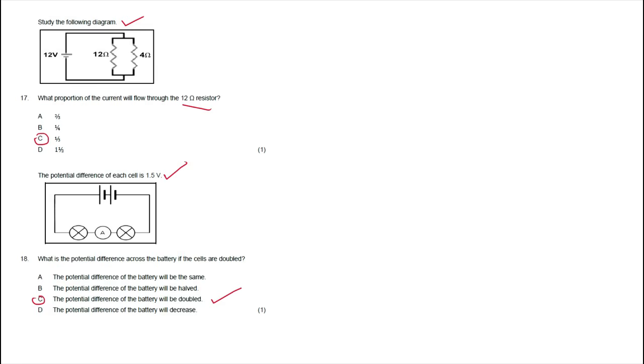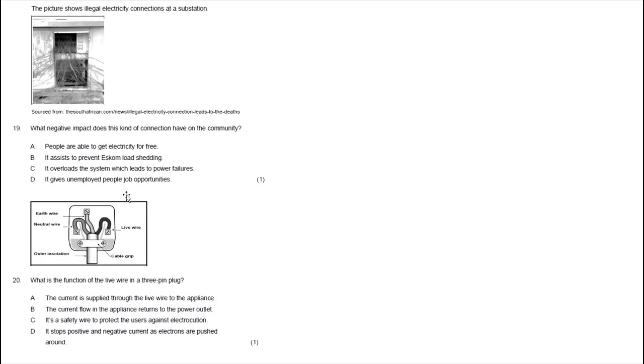Okay, and then next we will move to question 19. So we can see here that the picture shows illegal electricity connections at a substation, right? So now our question is, what negative impact does this kind of connection have on the community?